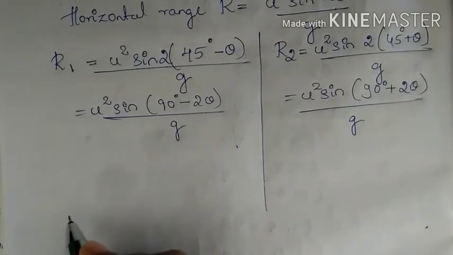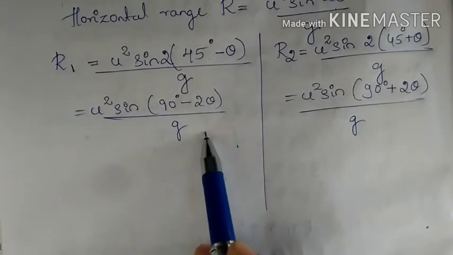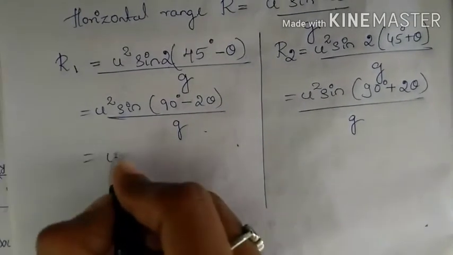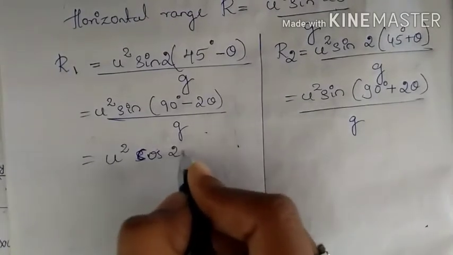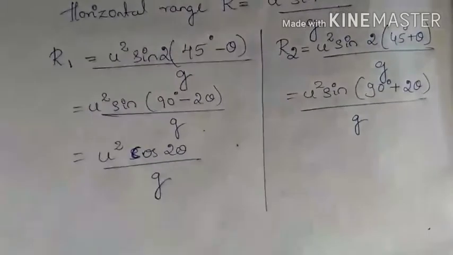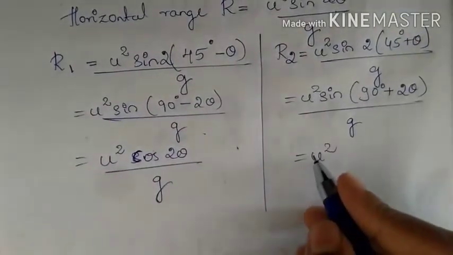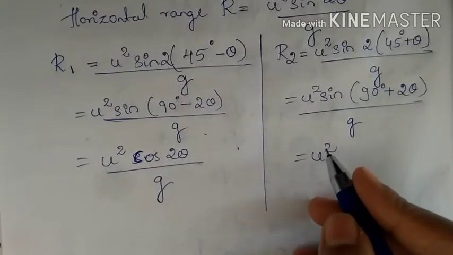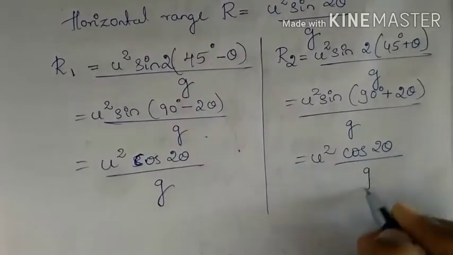So sin of 90 minus 2 theta becomes cos 2 theta, so u square cos 2 theta divided by g. Next, for this, u square sin of 90 plus 2 theta, again cos 2 theta, u square cos 2 theta by g.